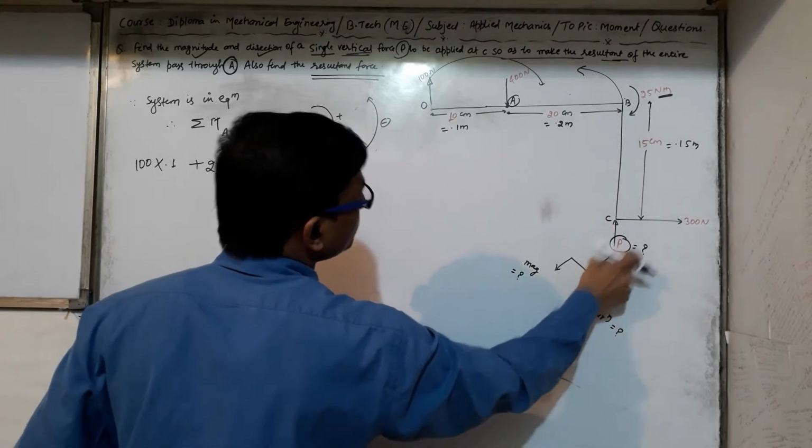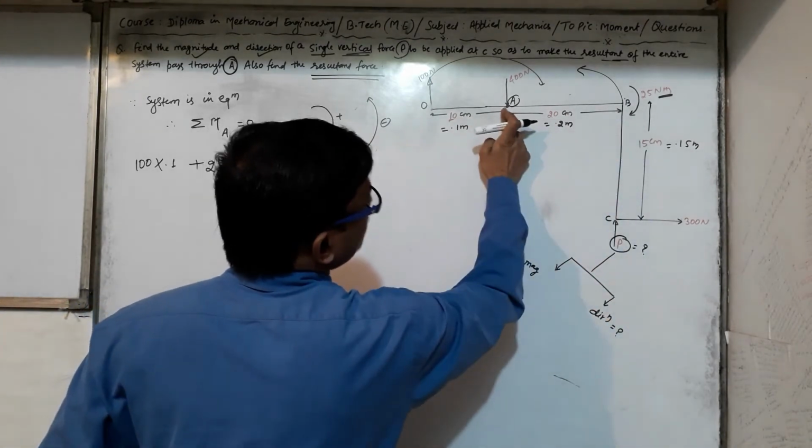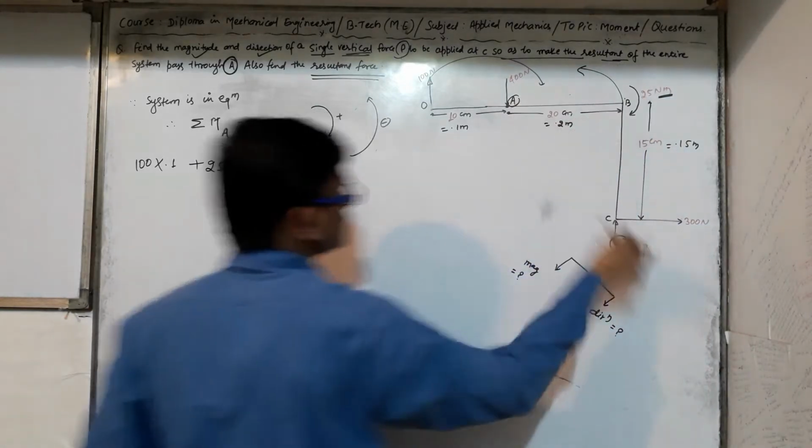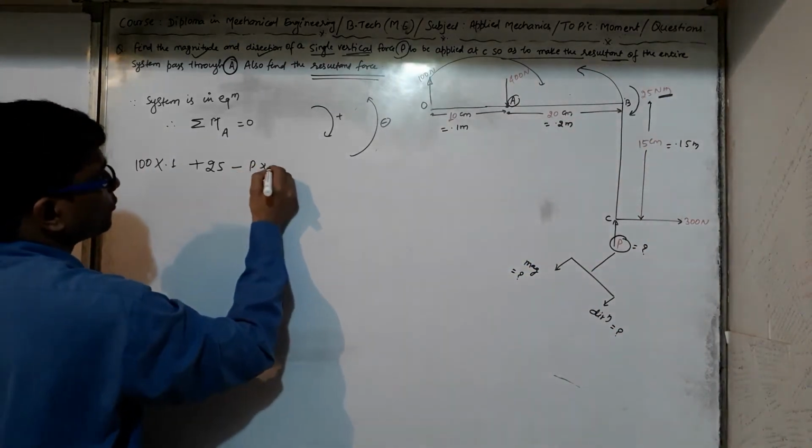Anti-clockwise moment is P multiplied by the perpendicular distance. This is the line of action, and the perpendicular distance is 0.2 meter. So we can say minus P into 0.2.